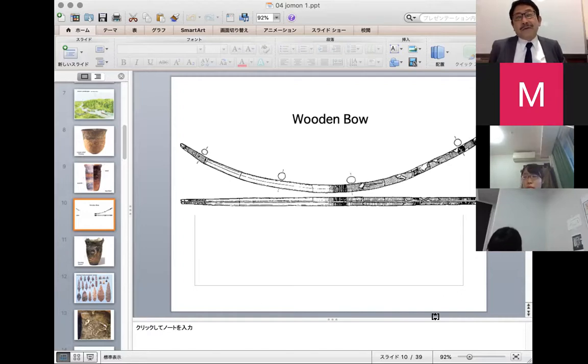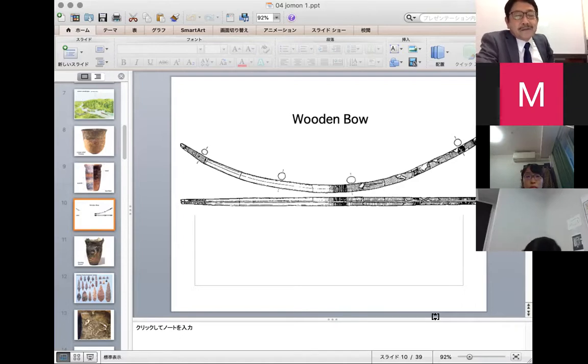You have to throw it from a remote distance. You can't go closer to the wild animal. But in the case of the bow and arrow system, you can aim from a distance. You can gain more distance, and the power is stronger than just throwing spears with your arms and hands.